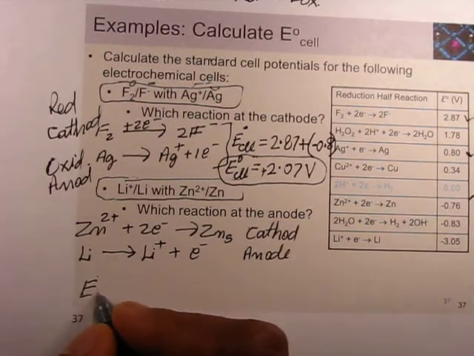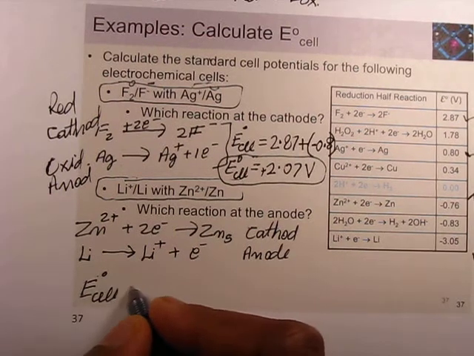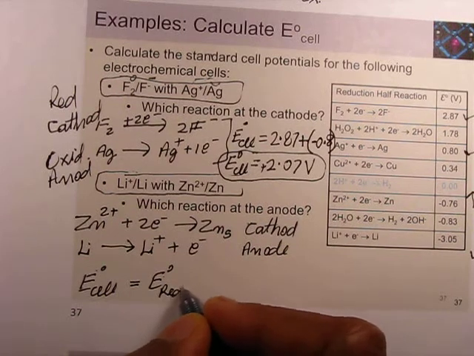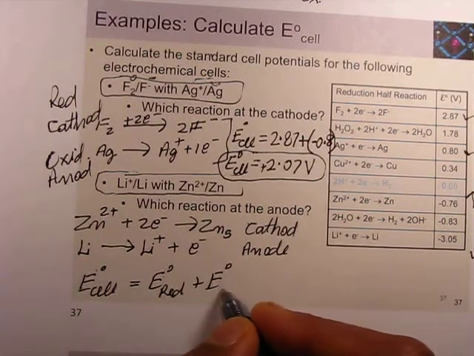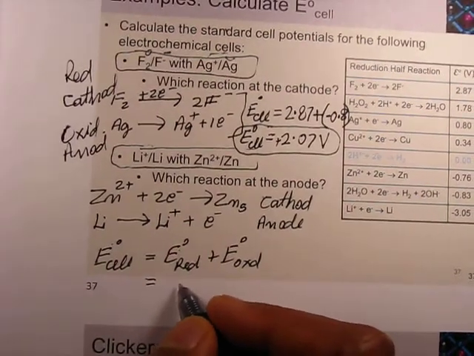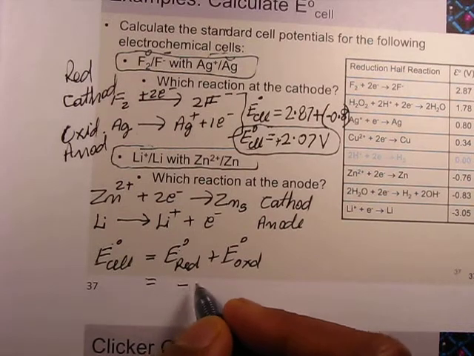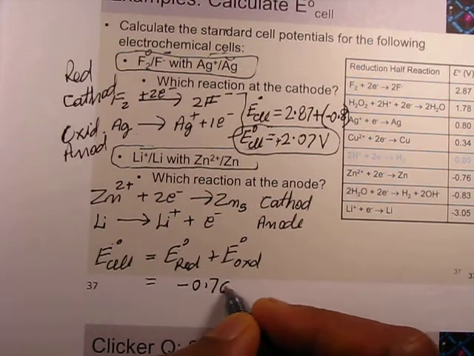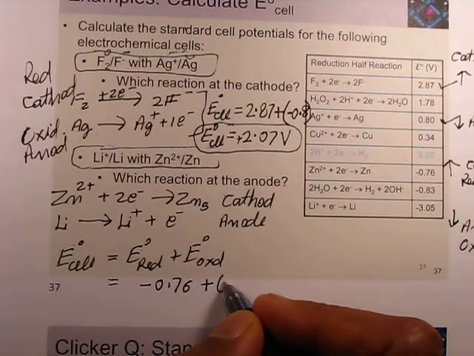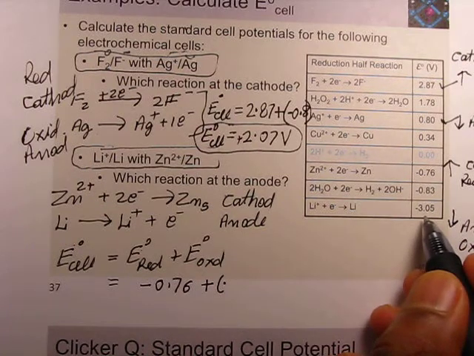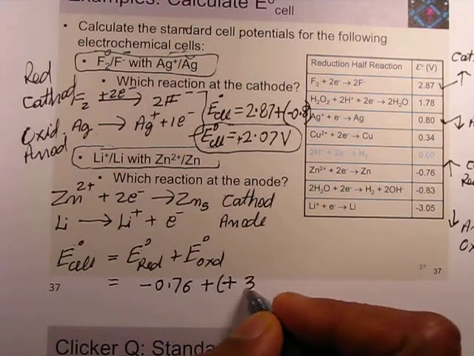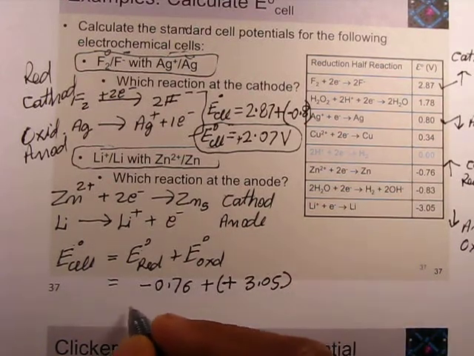If we have to calculate the E cell for this, it will be the E reduction potential plus the E oxidation potential. So E cell will be negative 0.76, which is for zinc, then plus, and since this is a negative value, the negative sign becomes plus for oxidation, so it will be 3.05.